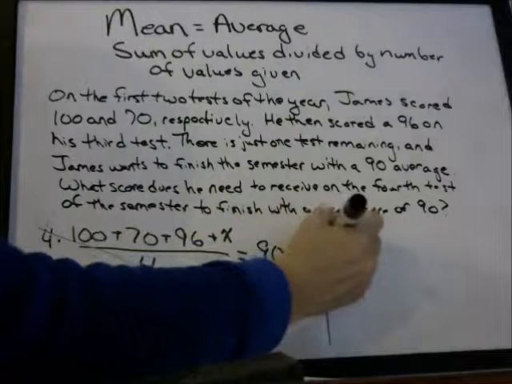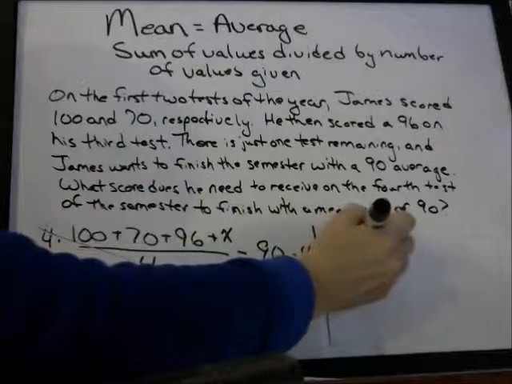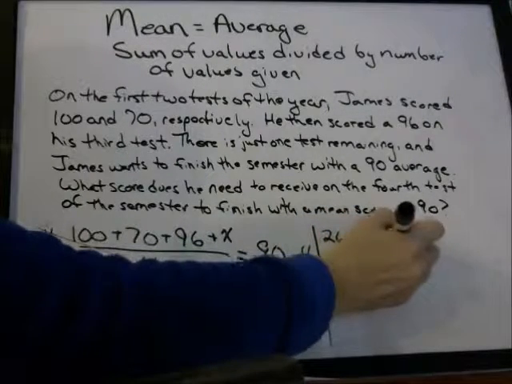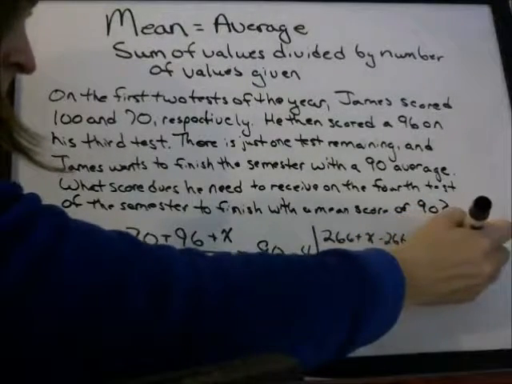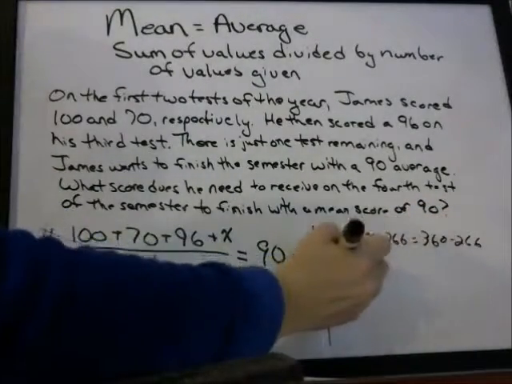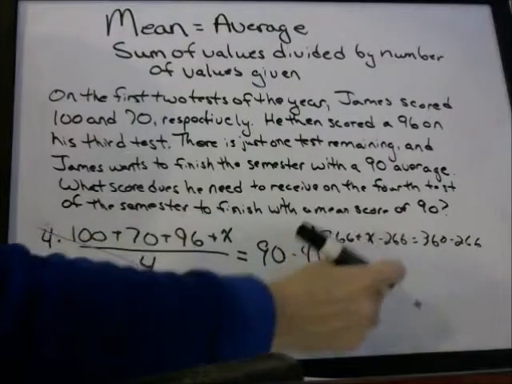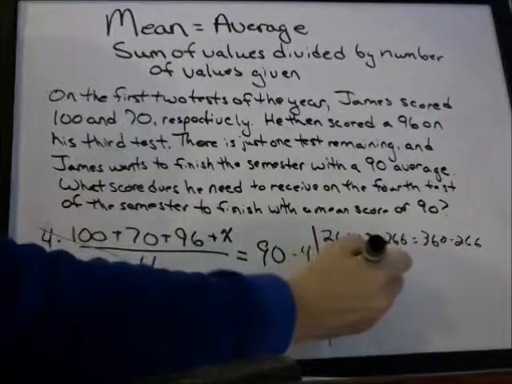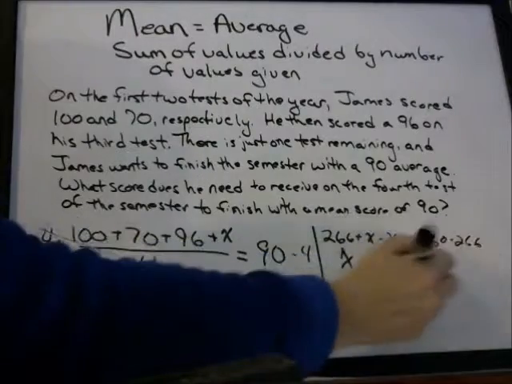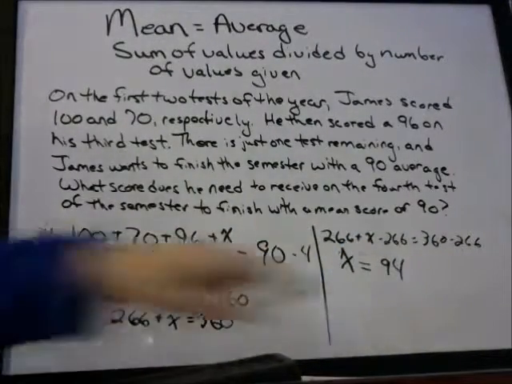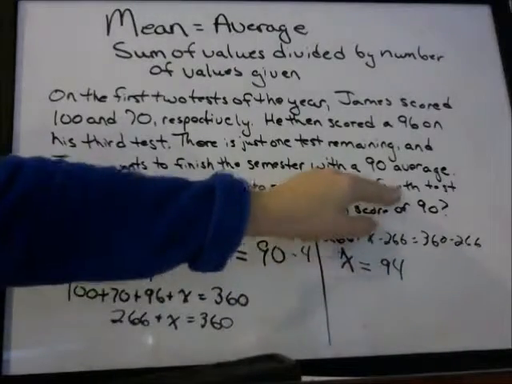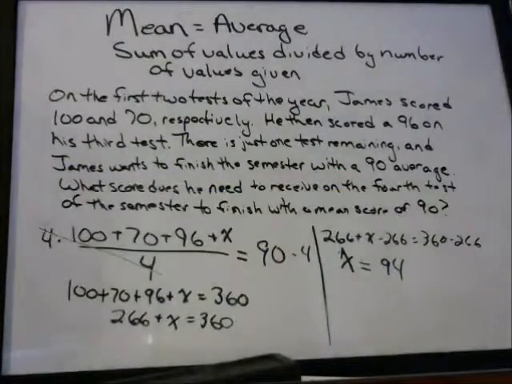We're going to subtract 266 from each side. 266 minus 266 is 0, so X equals 360 minus 266, which is 94. So that is the score he has to get on this fourth test in order to have an average of 90.